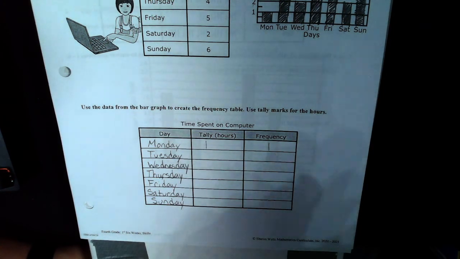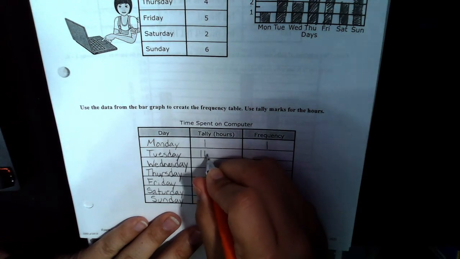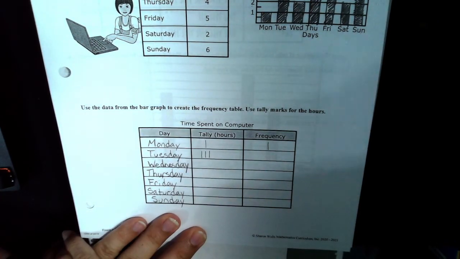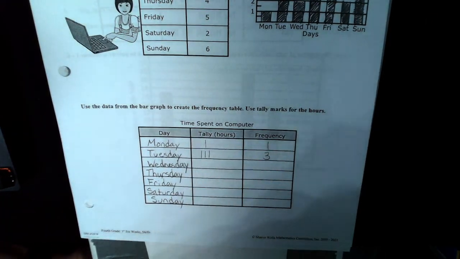Well, what about Tuesday? How many hours was she on the computer for Tuesday? Alexa? 3. So I'm going to put 3 tallies this time. 1, 2, 3. And for my frequency, I'm going to put the number 3.